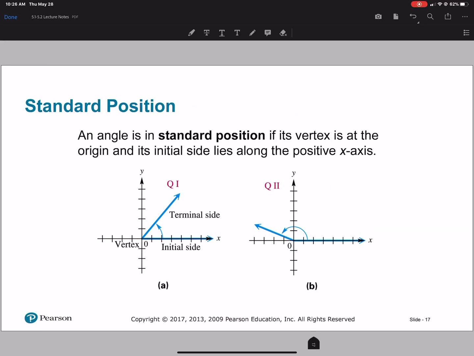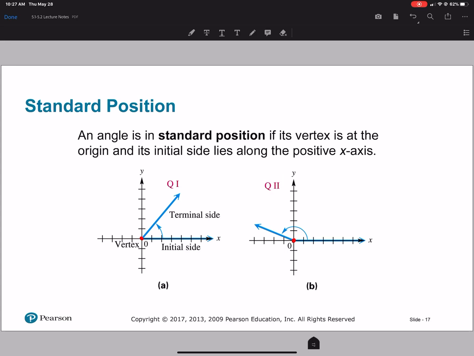So let's look at this. So we have standard position. It says an angle is in standard position if its vertex is at the origin. Now, if you don't remember what the origin is, it's the point (0, 0). All right? And its initial side lies on the what?